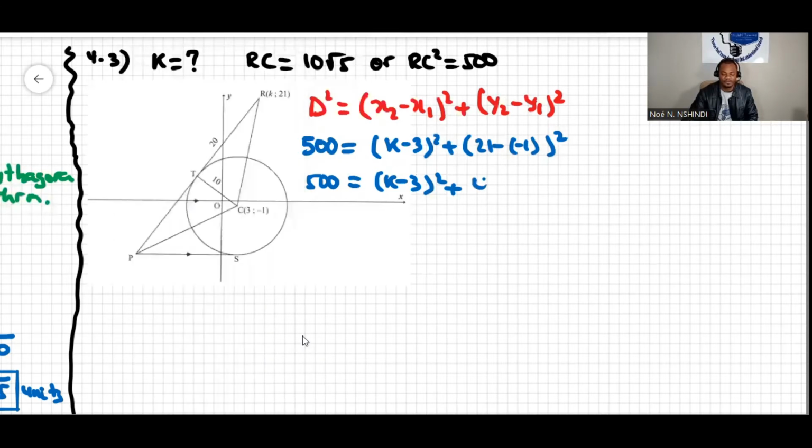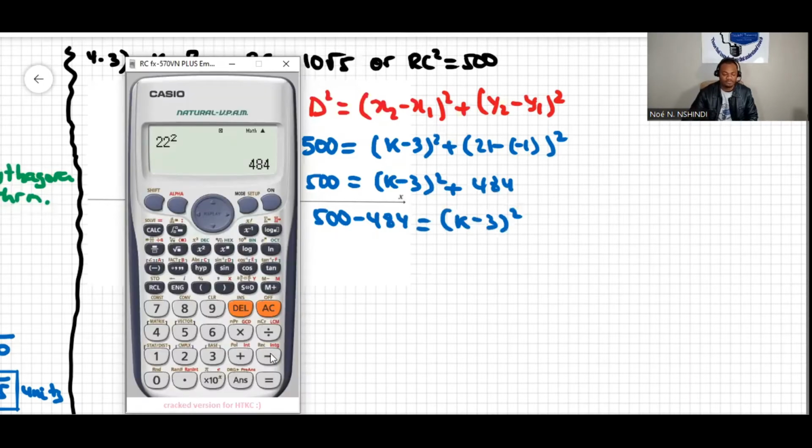So plus 484. Then we can move this 484 to the left-hand side of the equation. That makes 500 minus 484 equal to k minus 3 all to the power of 2. We can do that in the calculator: 500 minus 484 is equal to positive 16.